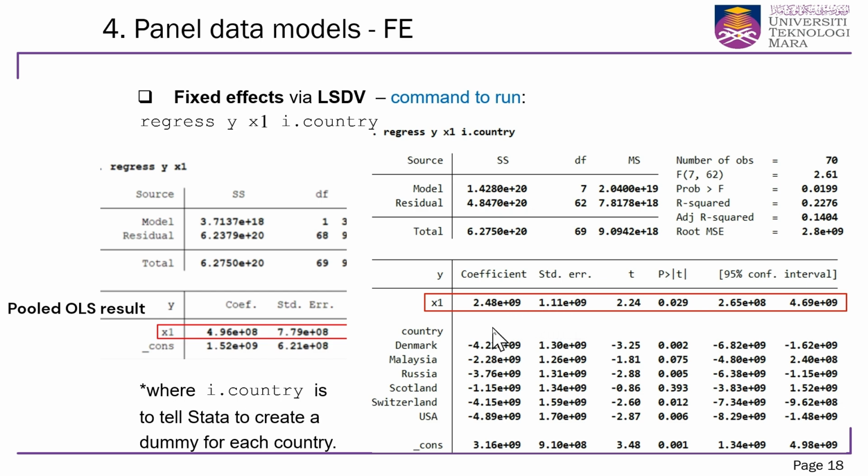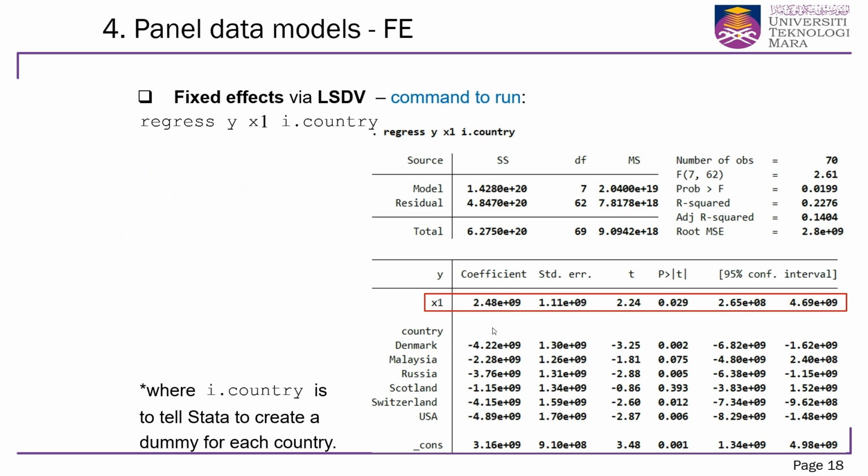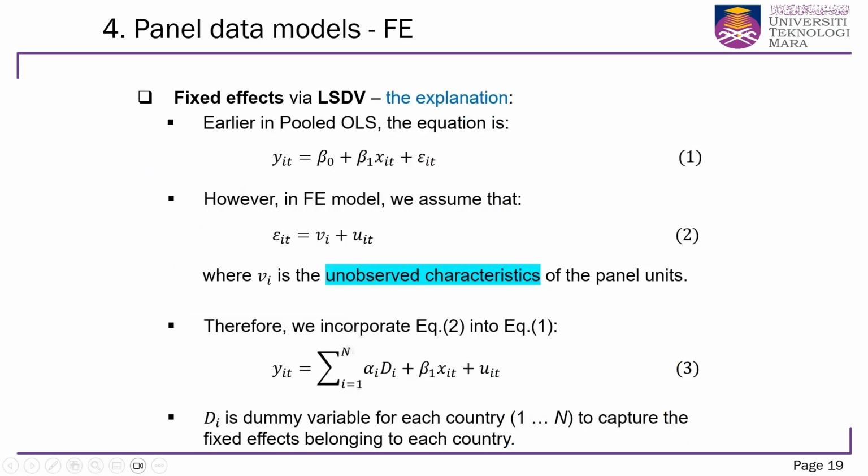Why does LSDV give a different result than pooled OLS? Okay, this is the explanation about the model, the least square dummy variable model that we just did. Originally, we have this equation, but in least square dummy variable, we assume that in the error term, there is an unobserved heterogeneity factor with the notation v_i.